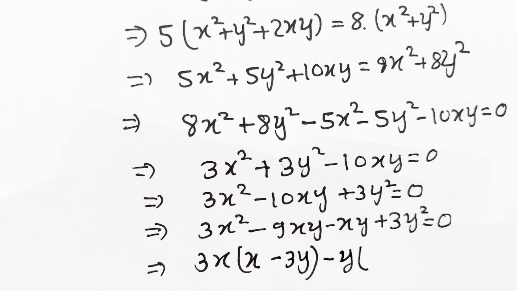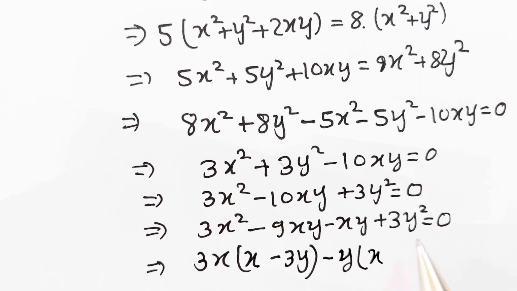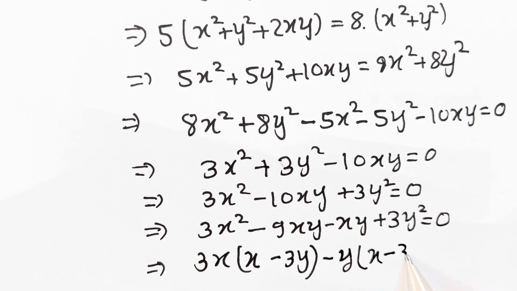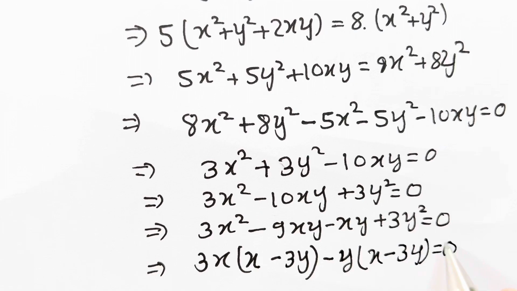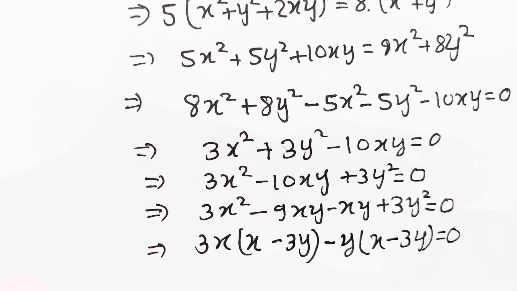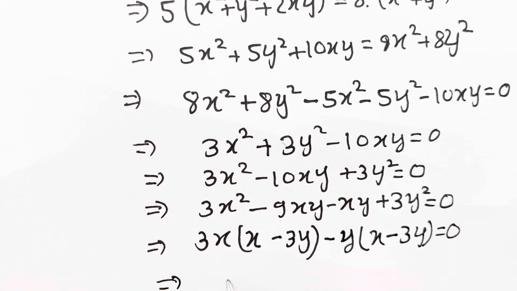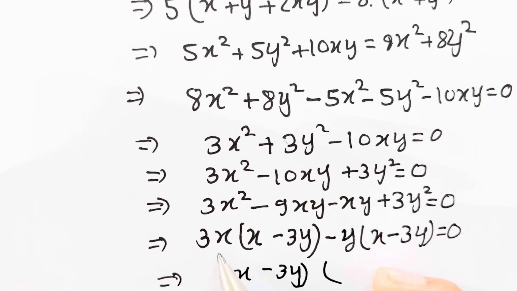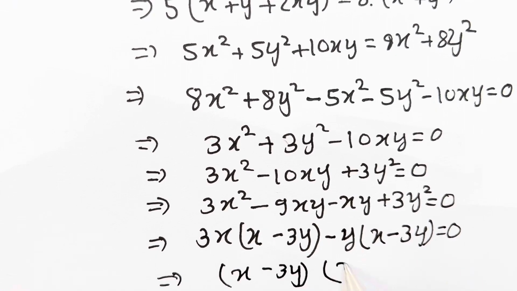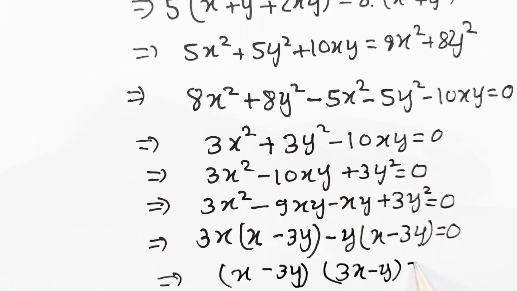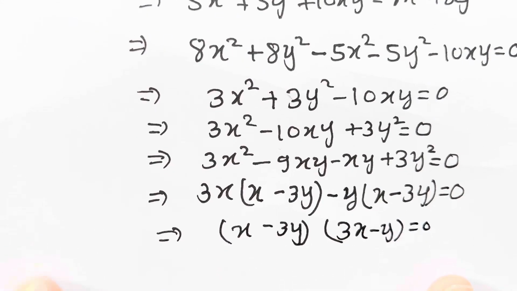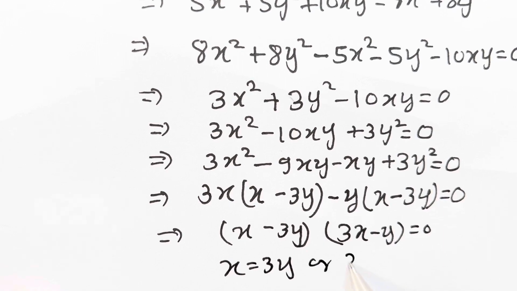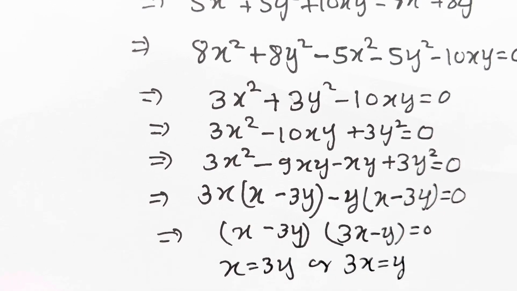Minus xy divided by minus y is x, plus 3y square divided by minus y is minus 3y, is equal to 0. So x minus 3y is common. I'm taking out x minus 3y. So what is left? 3x minus y is equal to 0. So here x is equal to 3y or 3x is equal to y.